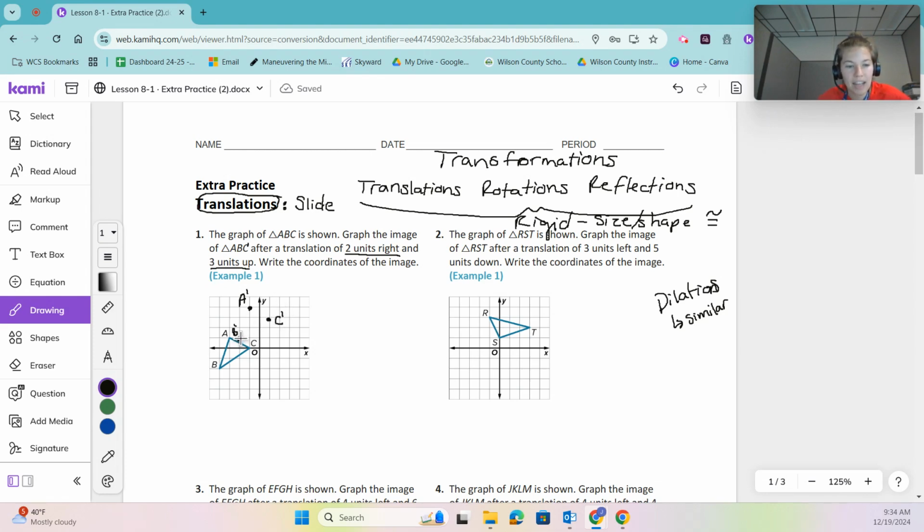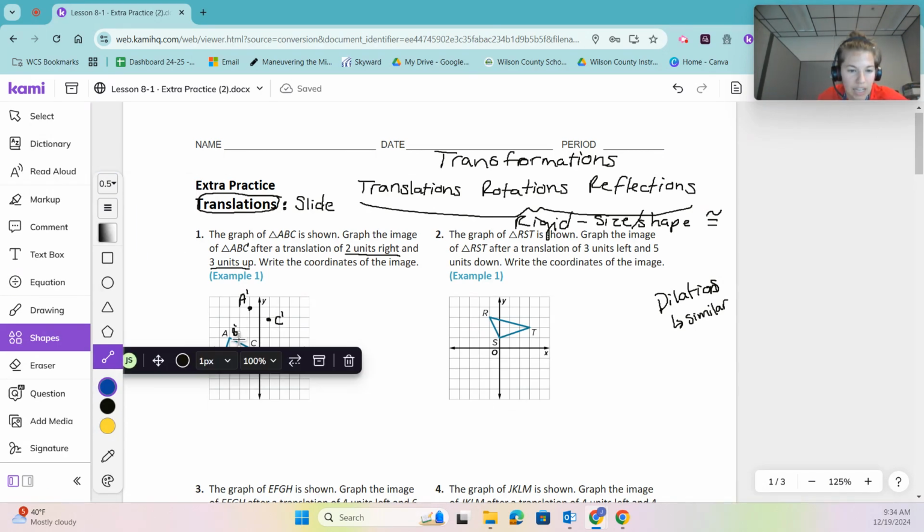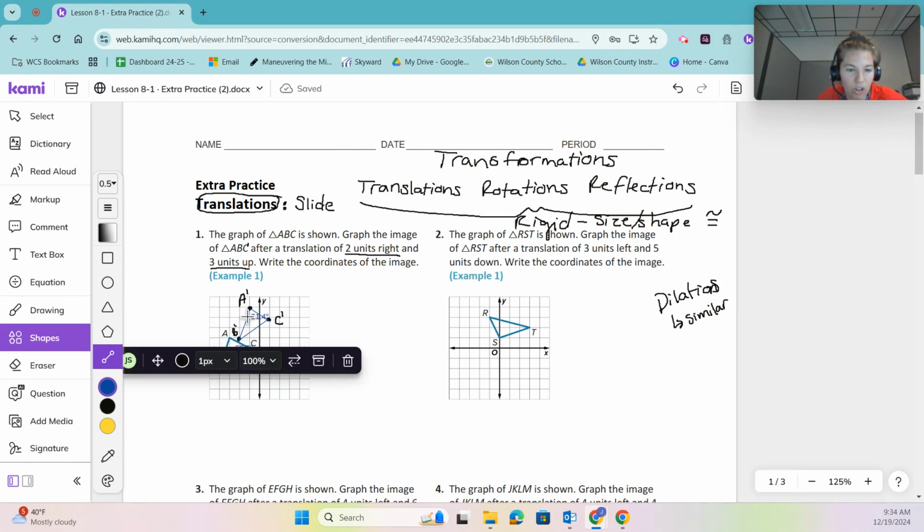Then if we connect these dots, we are going to notice that our shape is exactly the same size and shape as the original. It's just shifted. See that? It's just shifted.